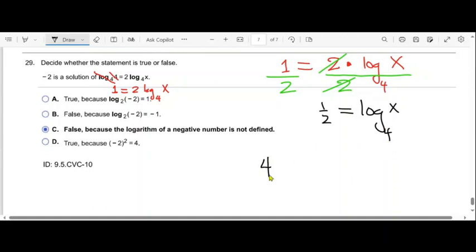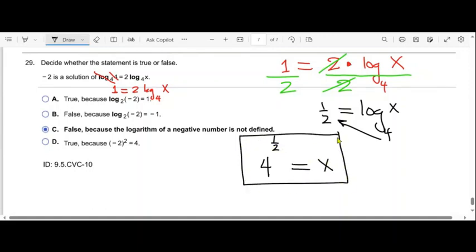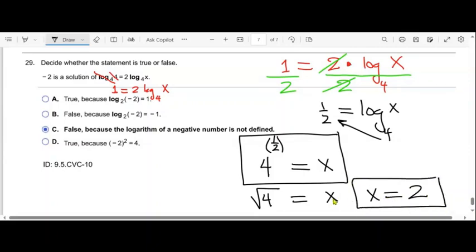So it's going to be 4, and the one half goes to the top, equals x. This is called exponential form. How much is 4 to the half? Square root of 4, because the power one half makes it a square root. So x equals 2. Exactly. Easy.